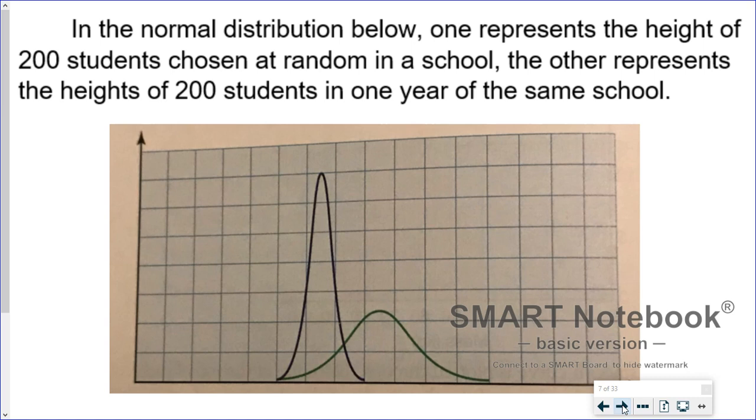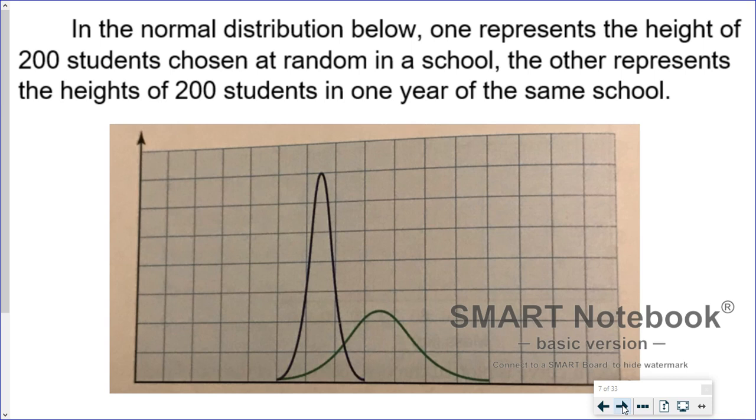All right, so in the normal distribution below, one represents the height of 200 students chosen at random in a school. The other represents the height of 200 students in one year of the same school. All right, so which one do we think would be which? Right, of course, we just read on the last slide that the less spread out the data is, the higher the peak will be.